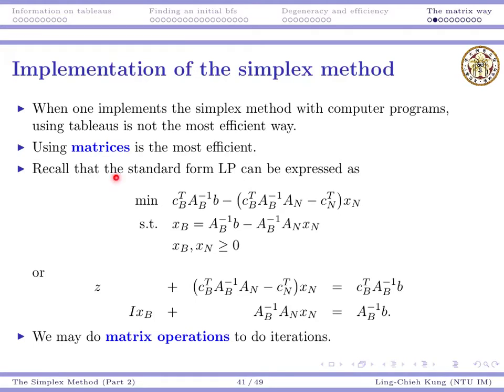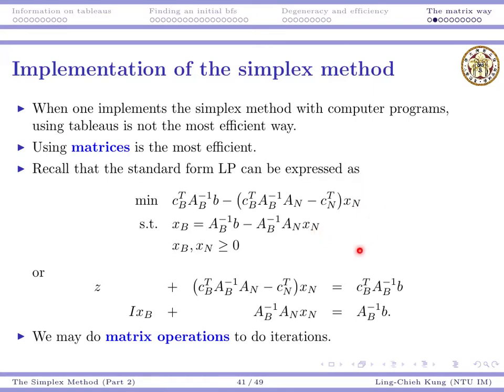So the standard form linear program is something we want to solve, and it can be expressed in this way. Originally it is the usual form: minimize c transpose x subject to Ax = b, x non-negative, and we may split variables into x_B and x_N and split the c vector and the A matrix accordingly, and then do some algebra, we can get this.